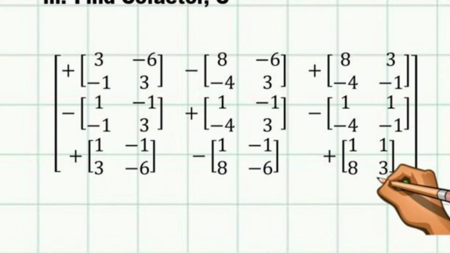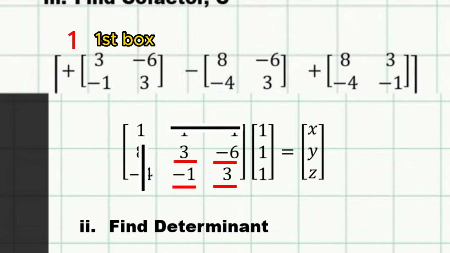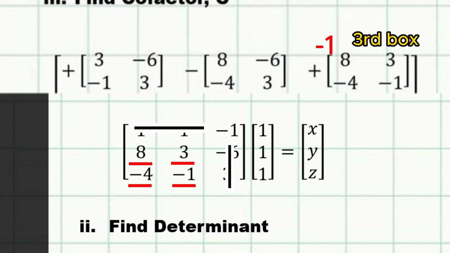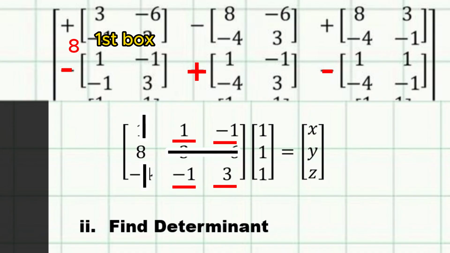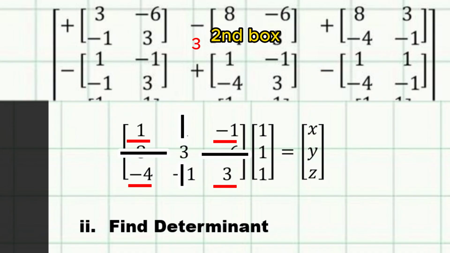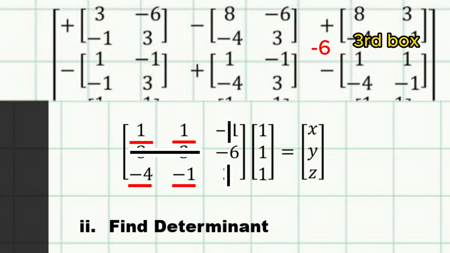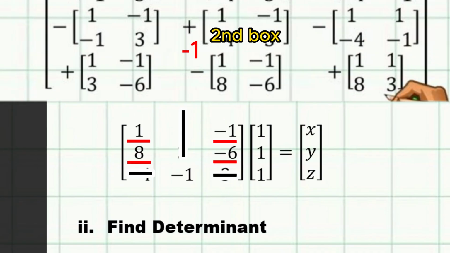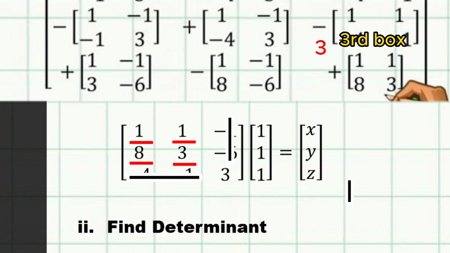The formula for cofactor is plus minus plus for the first line, and then minus plus minus for the second line, and plus minus plus for the third line, which is the last line on the matrix box.